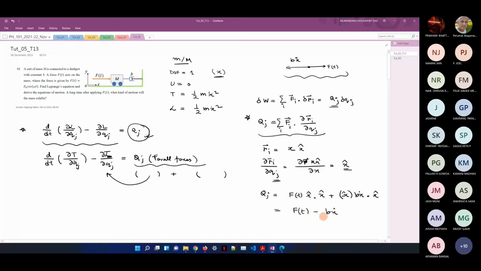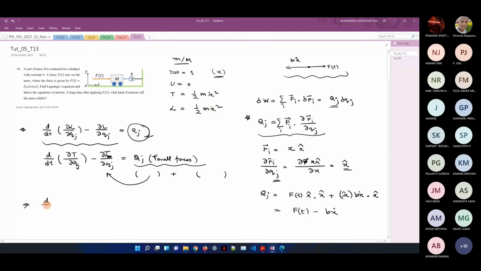That's it. You just have to know this formalism, how to find your generalized forces. This part is done. Once you know this, you have already done this in quiz, also in rest of the tutorials as well. So d/dt of dL by dx dot is nothing but m x dot.